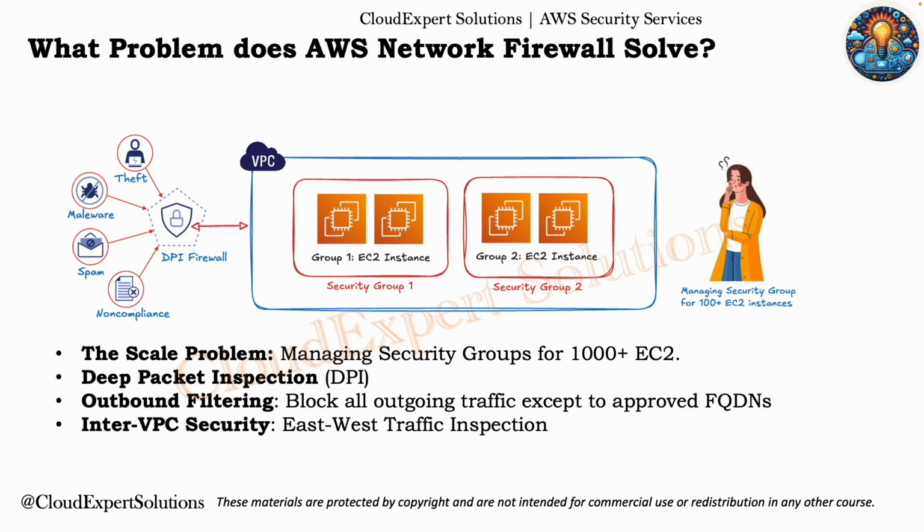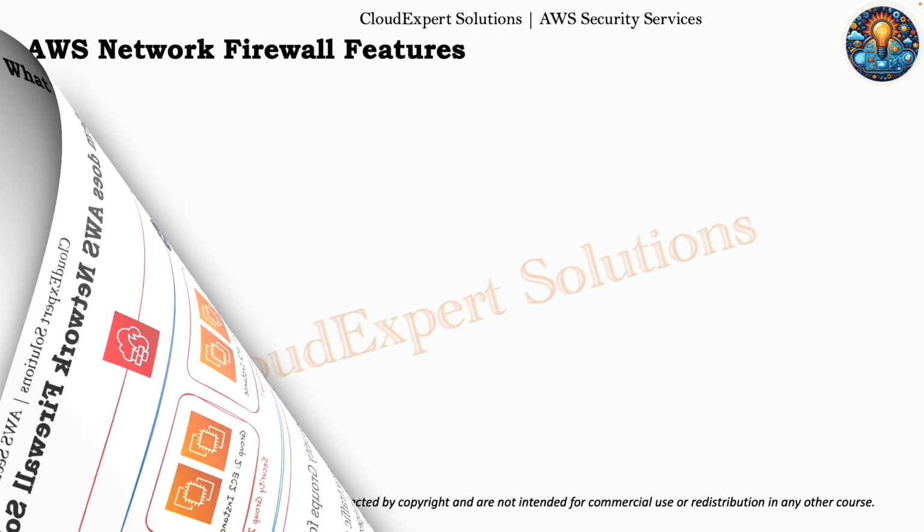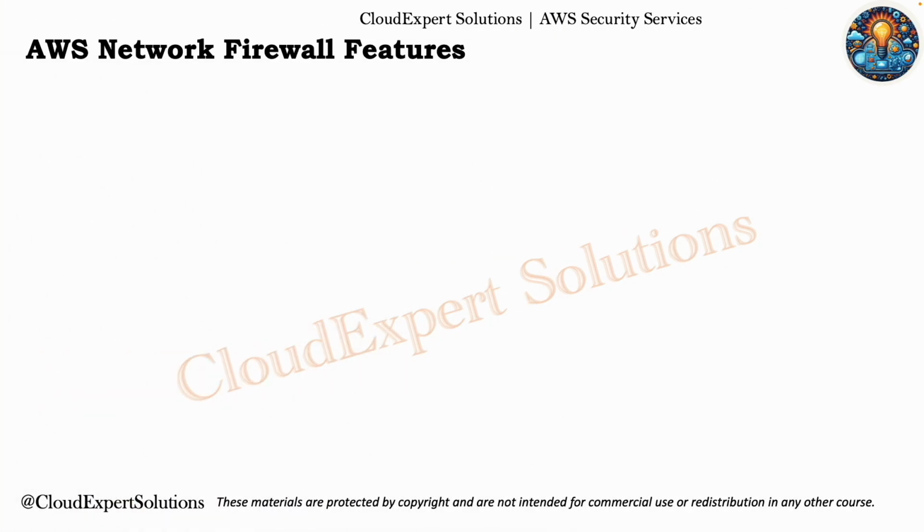And if you want to enforce advanced firewall rules across VPCs, that is not an easy task. AWS Network Firewall solves all these problems by providing enterprise-grade deep packet inspection directly inside your VPC without managing any appliances or hardware.